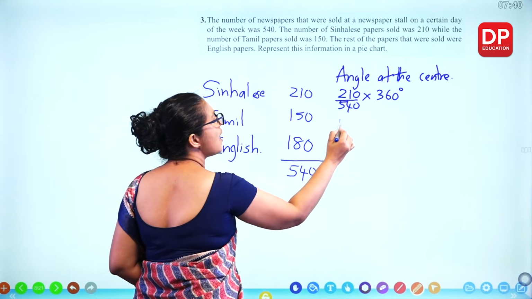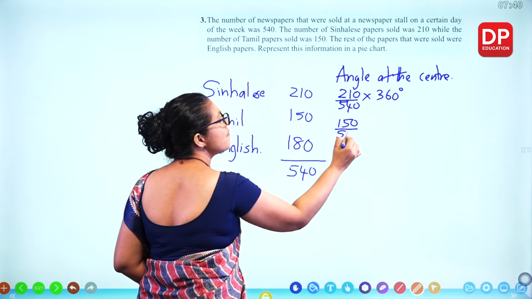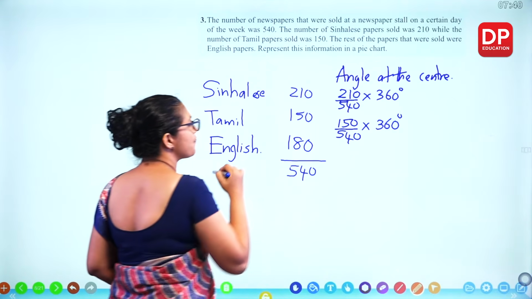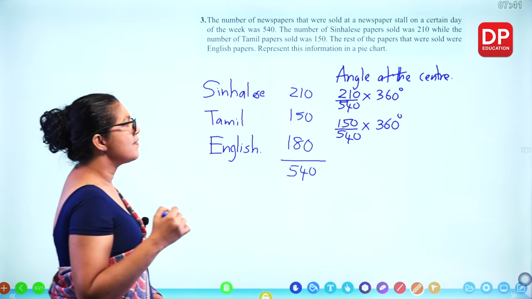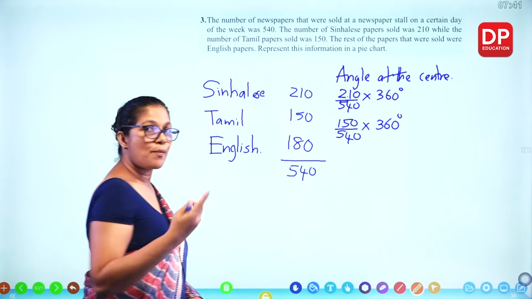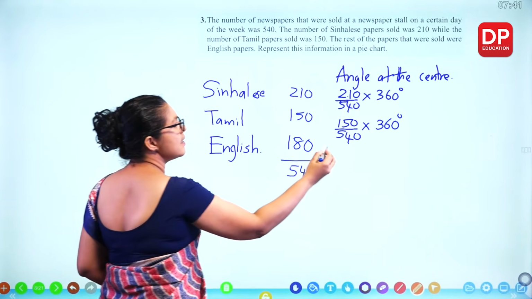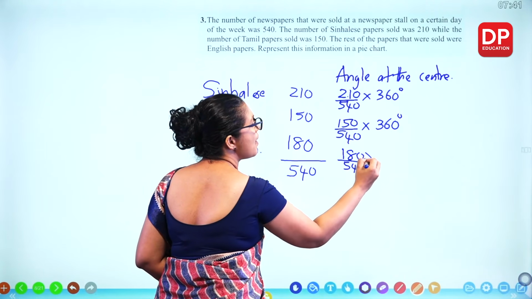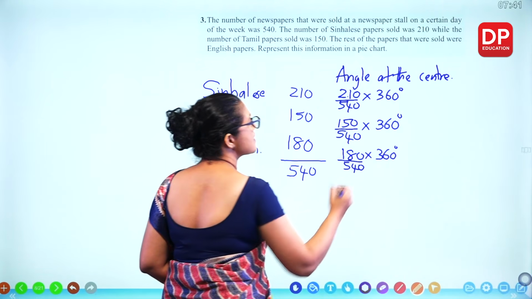Tamil papers, 150 over 540 multiplied by 360. What about English papers? Either you can find it by subtracting these two angles from 360 or you can calculate 180 over 540 multiplied by 360.